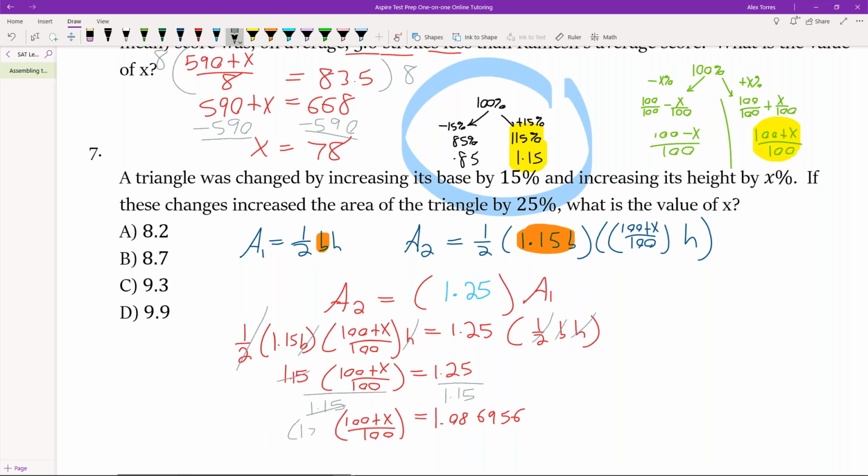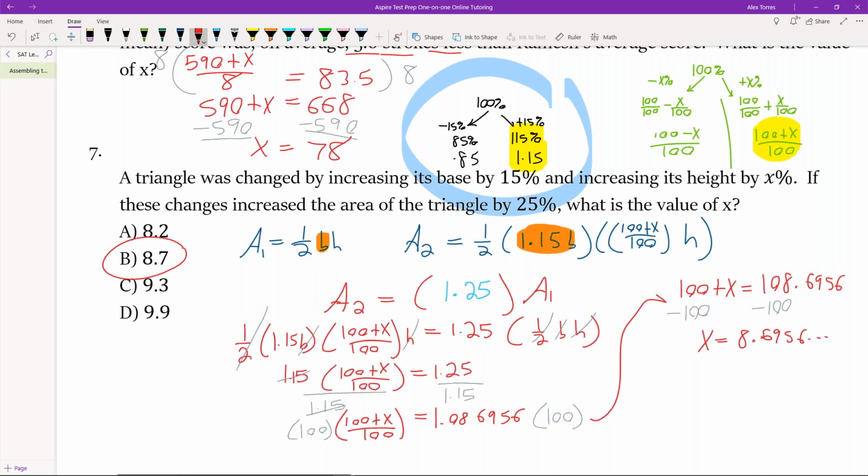Now we can multiply both sides by 100 to get rid of the denominator on the left, and you'll have 100 plus x equals 108.6956 blah blah blah. Take away 100 from both sides, and x equals 8.6956, never-ending decimal, and we can round that to b.